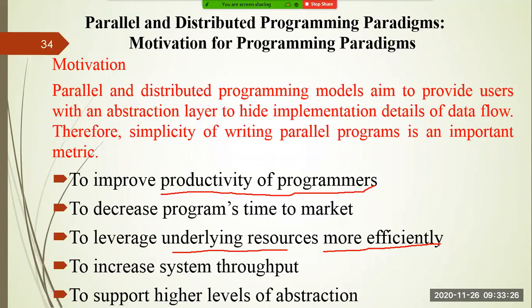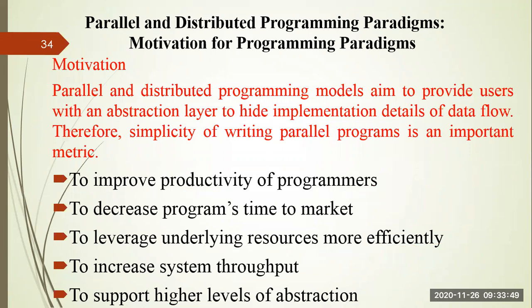As the resources are used more efficiently, throughput is obviously increased. Next is to support a higher level abstraction, because many internal details may not be understood by a particular user. Now let us see what programming models there are.